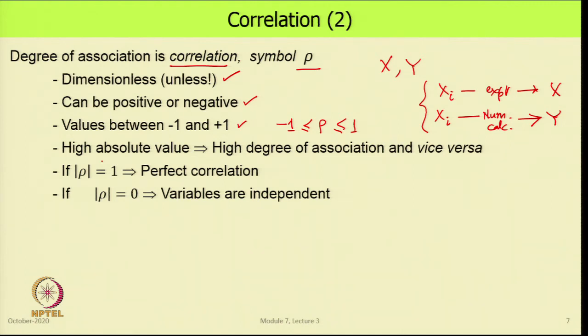If we have a high absolute value, then we say we have a high degree of association. So, this basically means that mod rho is getting close to 1, 0.9, 0.95, 0.99, like that. But if rho is very small, that means mod rho is of the order of maybe 0.1 or 0.001, something like that, then we say that the degree of association is very weak.